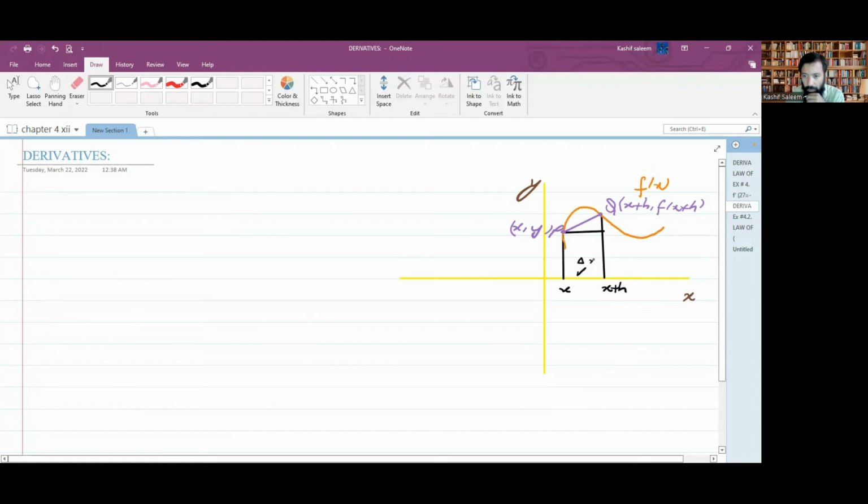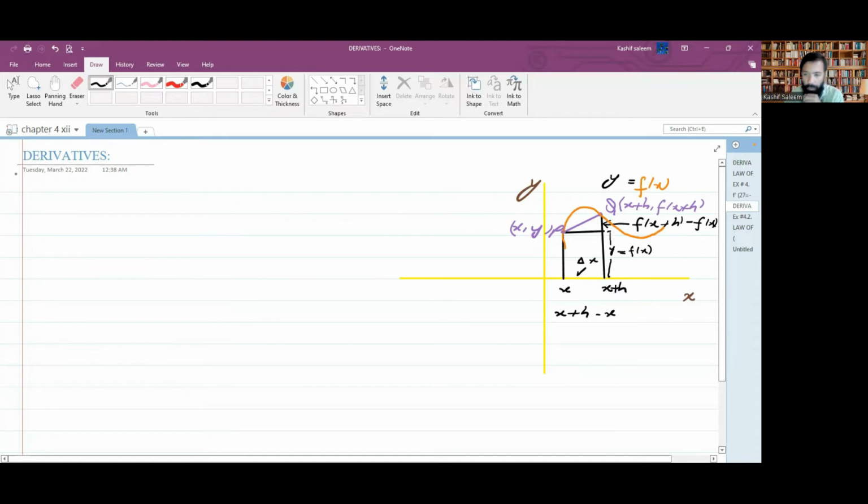This is delta x, which is equal to x plus h minus x. And what is the value of this? This is f of x plus h, the value of y at point Q, and the value of y at point P is y. Since we have y equal to f of x, this is equal to f of x. So this whole value is f of x plus h, and the value from this point to this point is y, which is equal to f of x. So we have f of x plus h minus f of x.